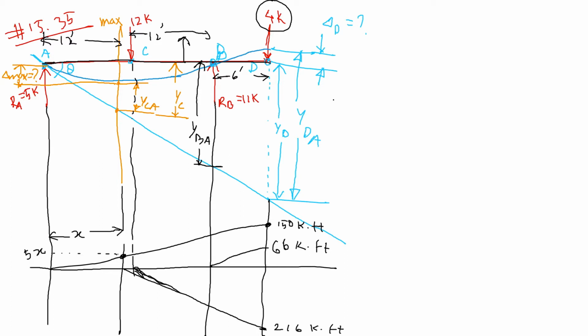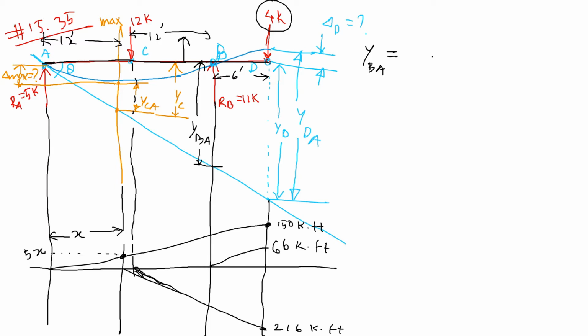Now when we say, for example, tBA, why BA? What we mean is, if we draw a tangent line at A like this, then the vertical distance from that line to point B is what the symbol BA means.